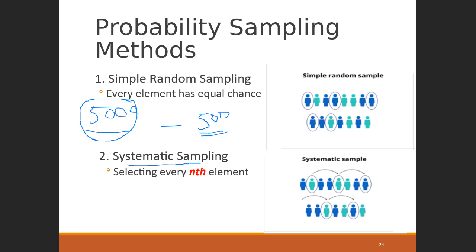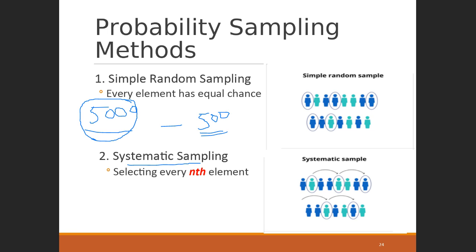Okay, so the second strategy is systematic sampling. The systematic sampling design involves drawing every nth element in the population, starting with a randomly chosen element between 1 and n. For instance, there are 1,000 employees in an organization, and you have an updated list of all the employees working in that organization.